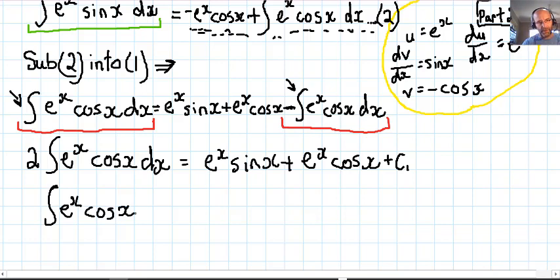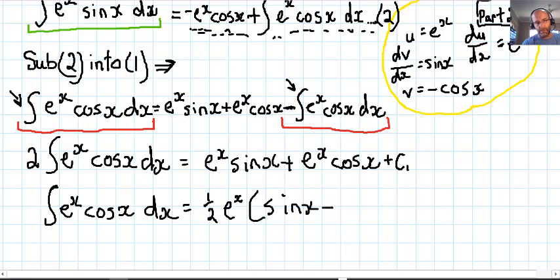Very similar strategy to the aforementioned example 1. So we're halving, that's why we've got to use a different constant. It's a little bit pedantic. Now we've also got a factor of e to the x, so we can go half e to the x, sine x plus cosine x, plus C2.